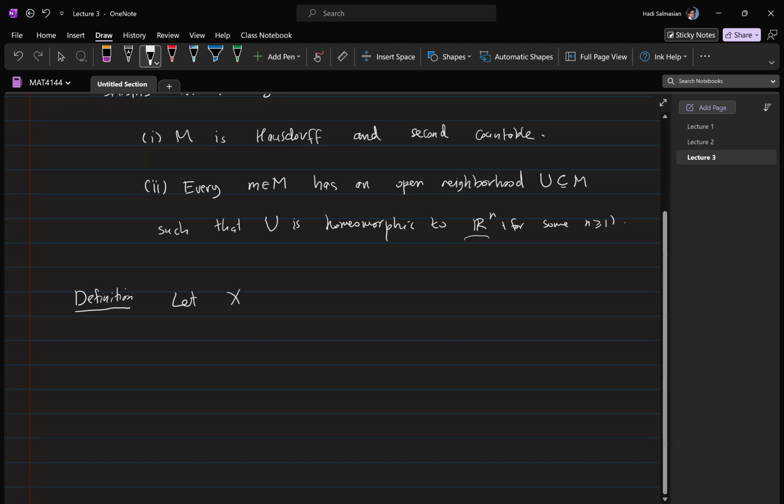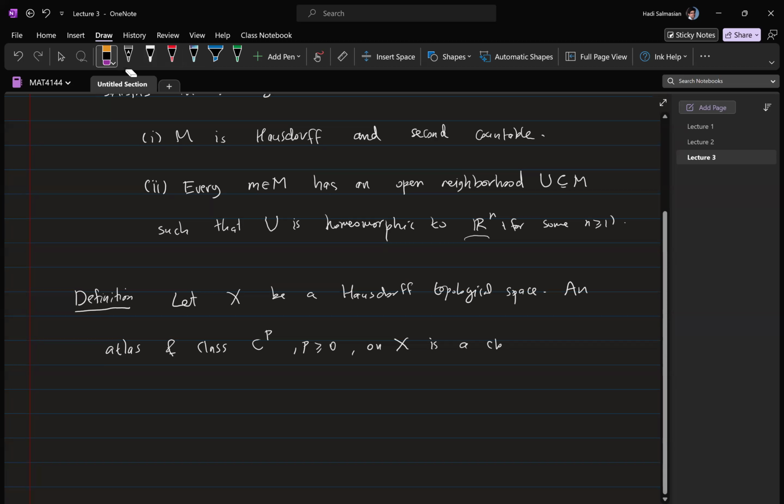So let X be a Hausdorff topological space, which can be a manifold, but just Hausdorff is enough for the moment. An atlas of class Cp, for p bigger than or equal to 0, say, on X is a collection of open sets with some maps.